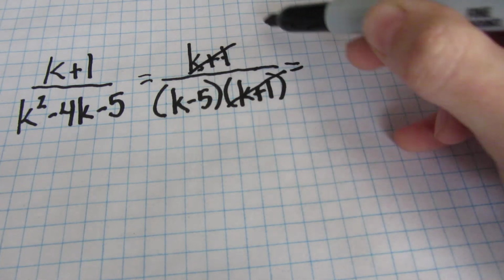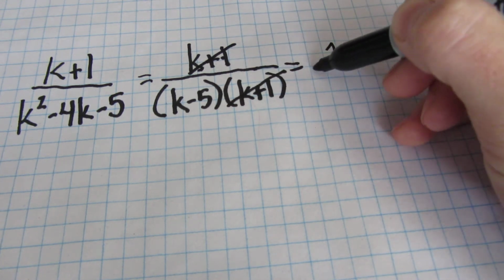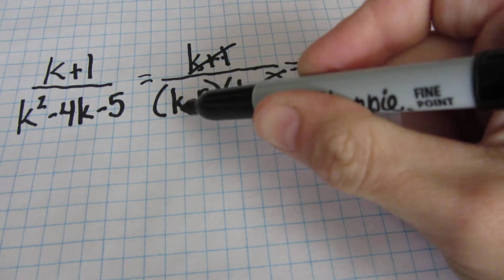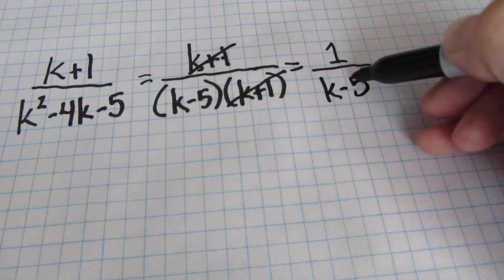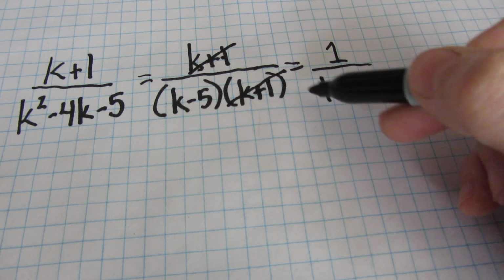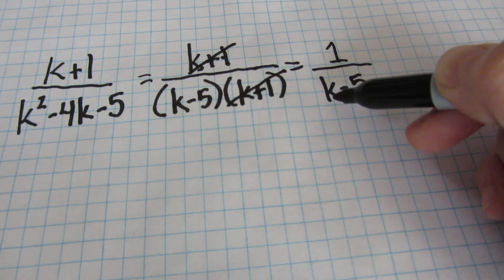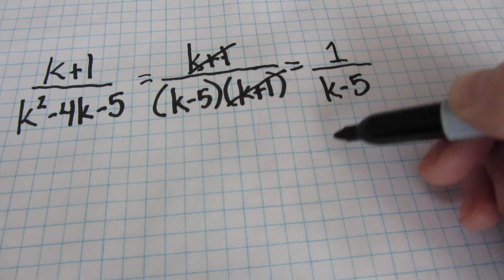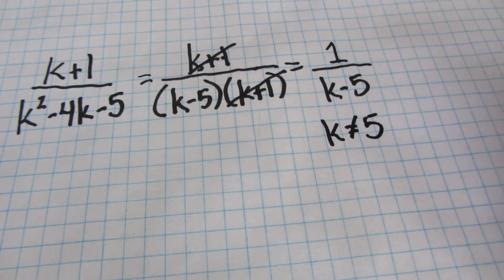And if we have nothing on top in our numerator, then that's that invisible 1. And then on the denominator, we have k minus 5. And our excluded value in this particular situation is whatever makes our denominator 0. So our excluded value is k cannot equal 5.